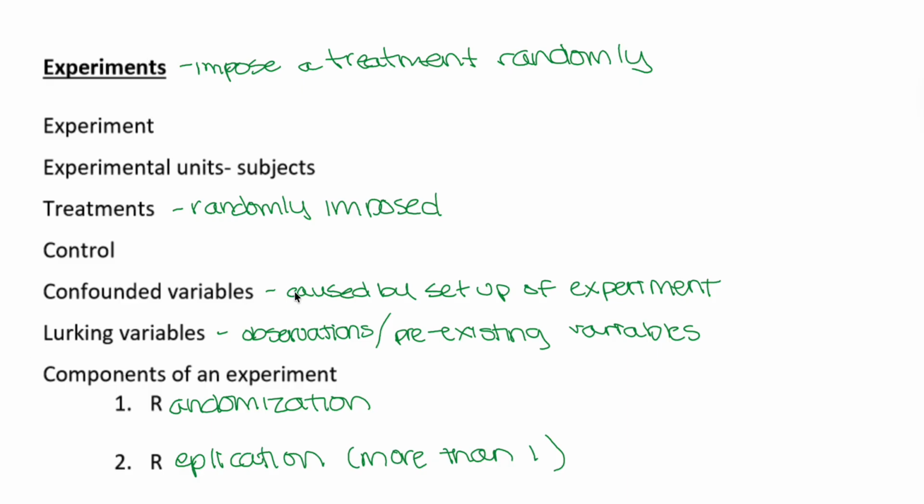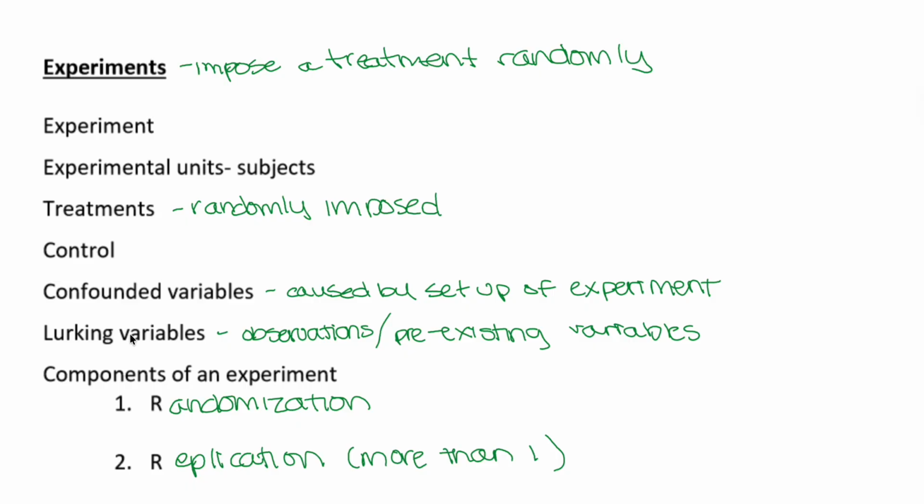Confounded variable means caused by the setup of the experiment. Lurking variable is observations or pre-existing variables. From the meaning, you will see the difference. The confounded variable comes from the experimental setup: sometimes you will not pay attention or you will overlook some details that may be a factor in our conclusion.